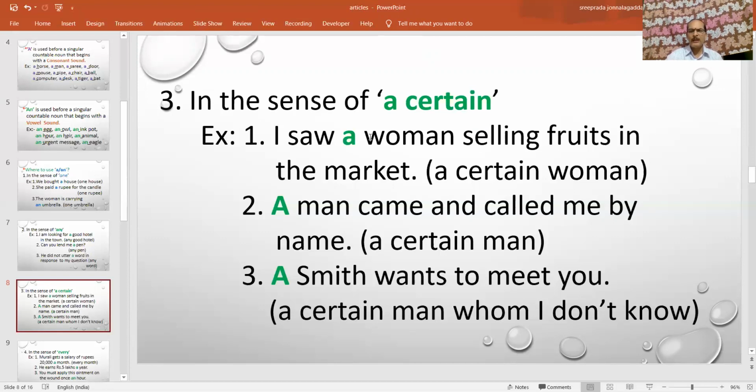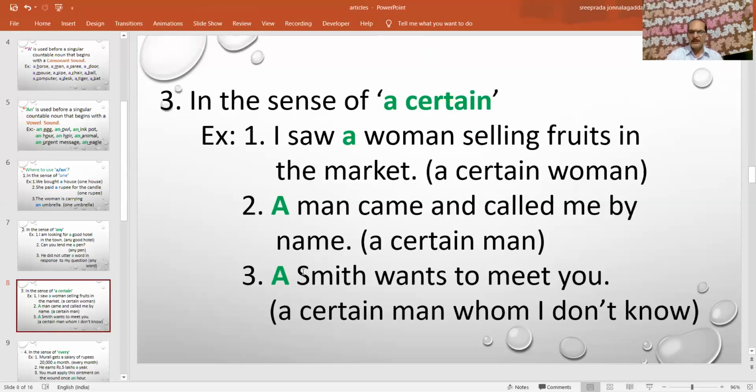A woman means here a certain woman, not a particular one. A man came and called me by name. A man means a certain man. I don't know who that person is.